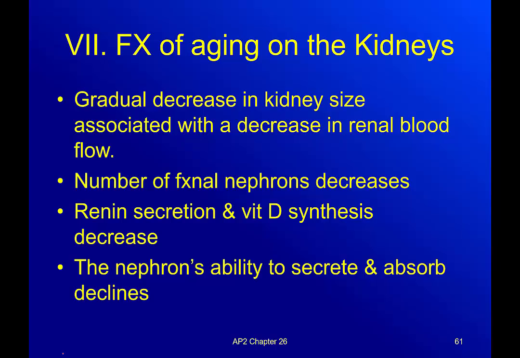It's a great backup system, but we don't necessarily need it. So if we have functional nephrons decreasing, we still have some that work, so we're okay. Renin secretion and vitamin D synthesis decrease, yes, but we still have it. It's not completely gone. So yeah, and that is the end of chapter 26.